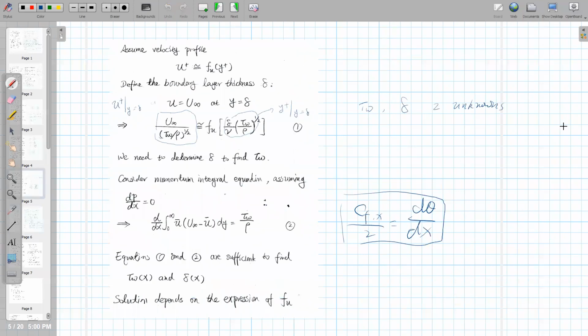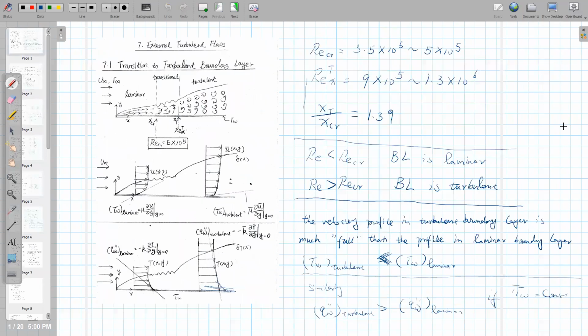All right, and let's now emphasize this again. A big mistake here. The turbulence is likely to reduce the viscous force here, rather than increasing.